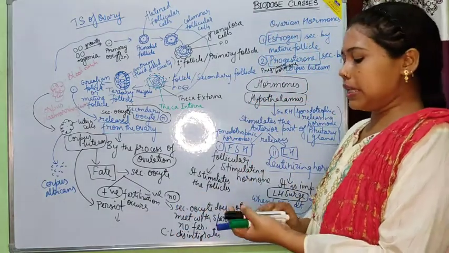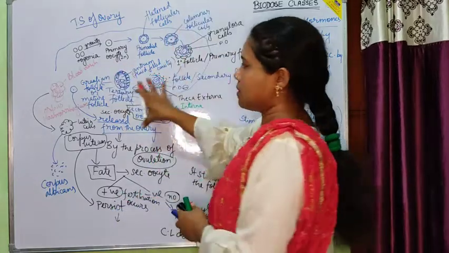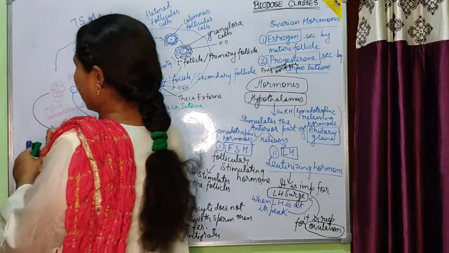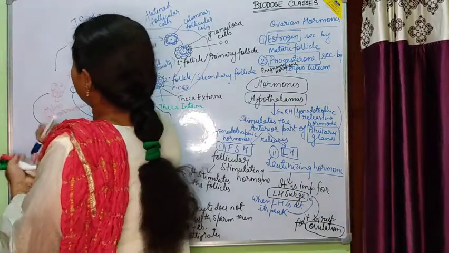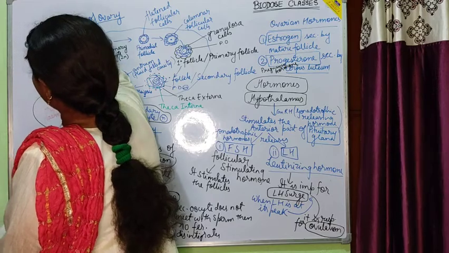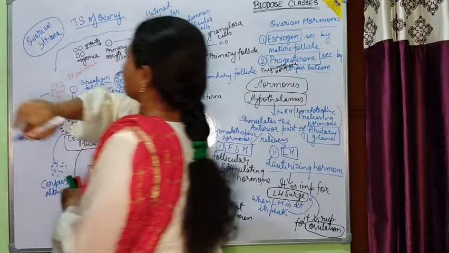And what we would see, the space inside the ovary is known as ovarian stroma.